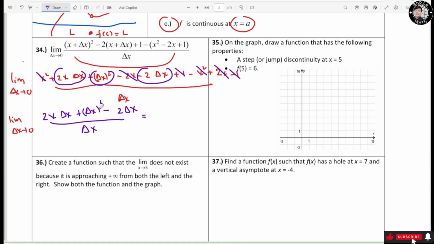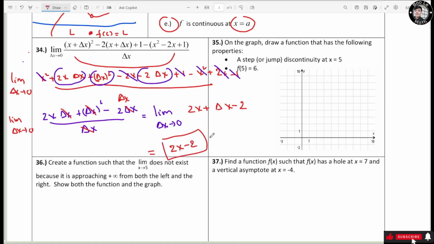Now we're going to factor delta s on the top out and simplify with the delta s on the bottom. So it's going to be 2s plus delta s minus 2. When delta s approaches 0, this equals 2s minus 2.